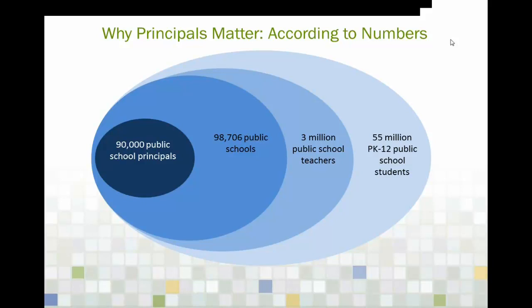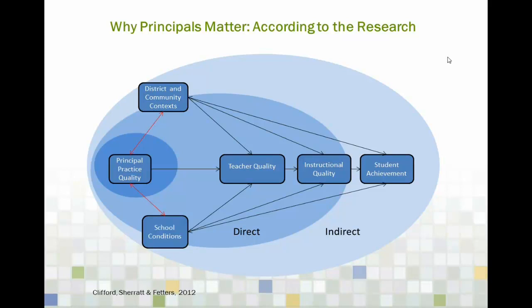The next slide takes a look at some of the research that we located through our literature review. The research is in a report called The Ripple Effect, and also appears in the guidelines document that's available through the NAESP and NASSP websites. So the Ripple Effect report shows pretty clearly that research shows principals are the second most influential factor in explaining student achievement.